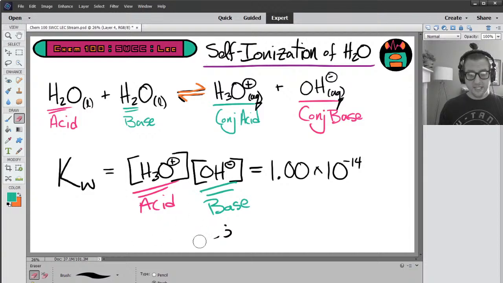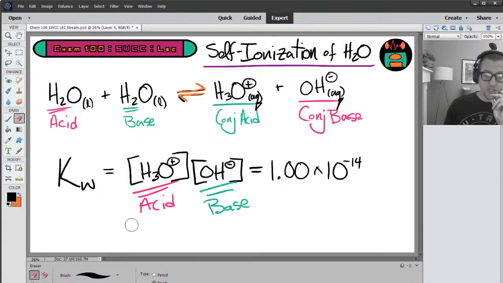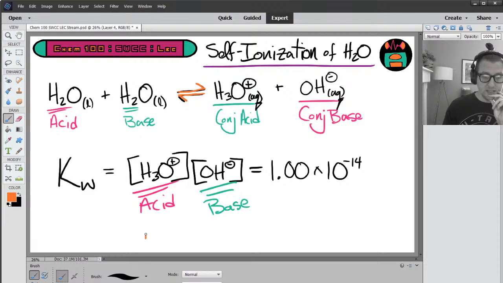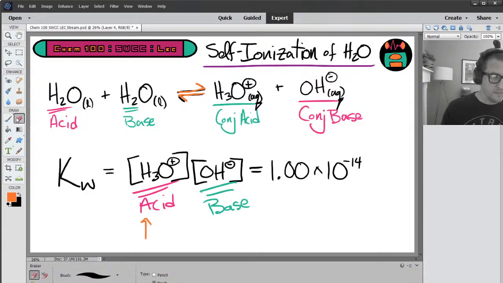Now I want you to think for a minute about what happens if the concentration of hydronium increases. If you increase the concentration of hydronium, hydroxide, hang on, I'm not just going to say this to you.